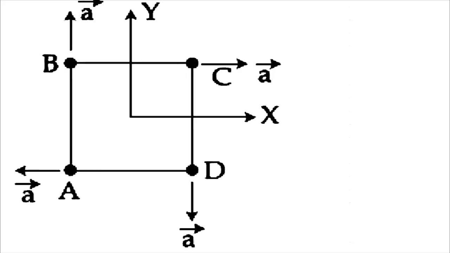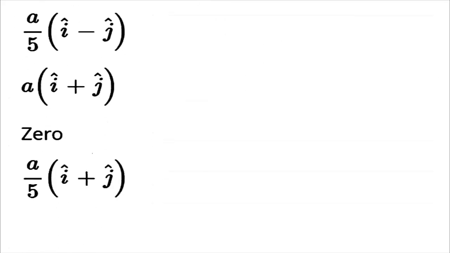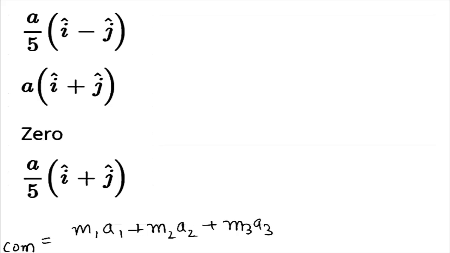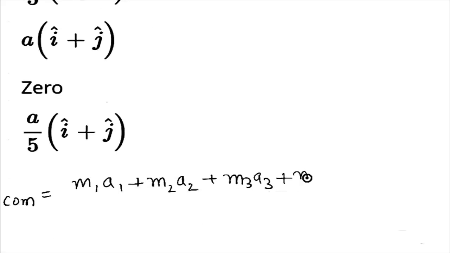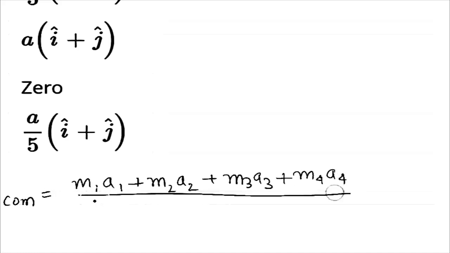So we know that acceleration of the center of mass is defined as m1a1 plus m2a2 plus m3a3 plus m4a4. In division I will write m1 plus m2 plus m3 plus m4. So this is the acceleration of the center of mass, right?